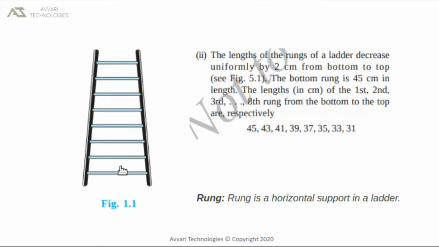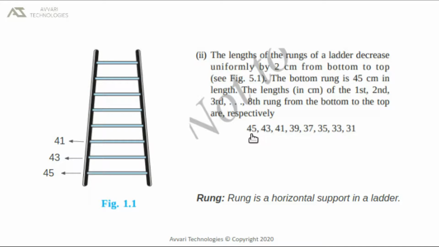Here we can see the first rung is 45 cm, the second rung is 43 cm, and the third rung is 41 cm. Here we can notice there is a pattern, and there is a common difference of 2 cm between the consecutive rungs.